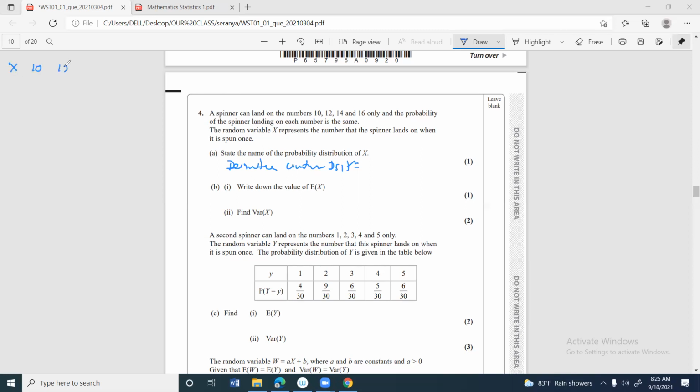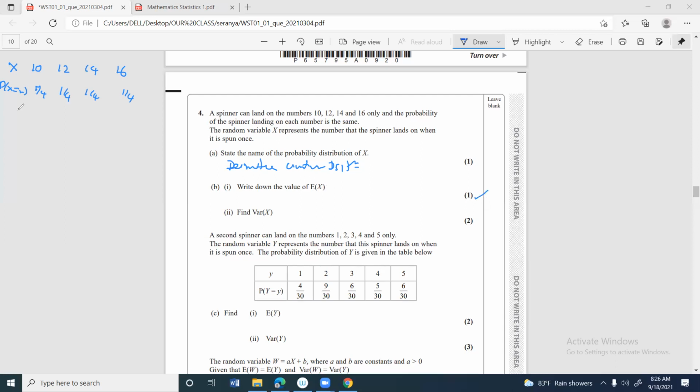X is 10, 12, 14, 16, and each probability is 1/4, because all the probabilities are similar and there are only 4 elements, right? Okay.